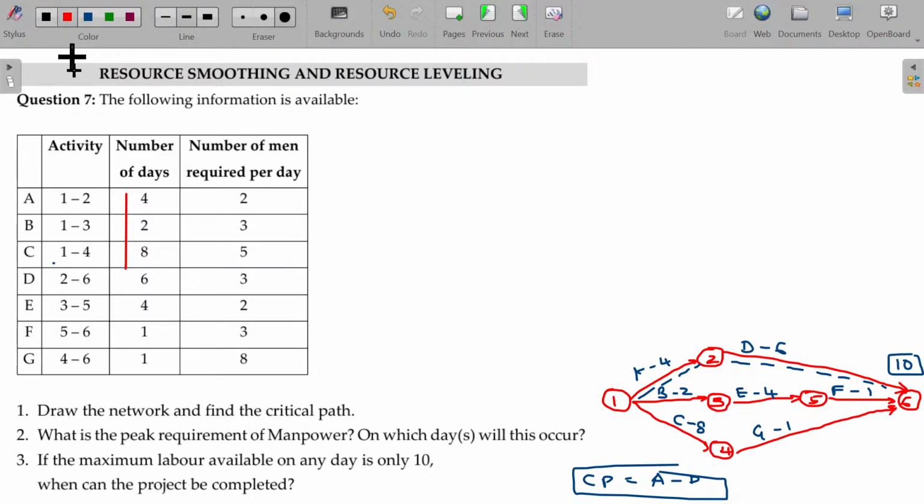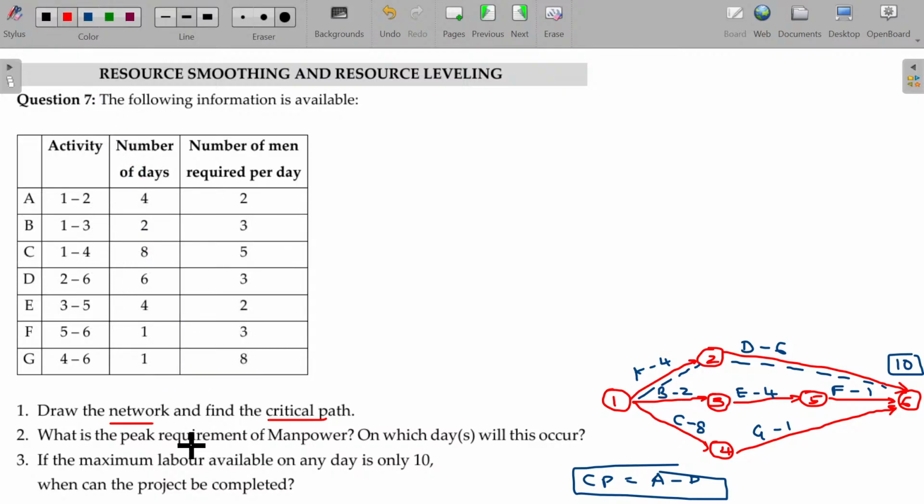Now, draw the network and find the critical path. The next question is all about the resources allocated, the number of men required per day. If you are doing activity 1 to 2, you need 2 men. If you are operating activity 1 to 3, you need 3 employees.